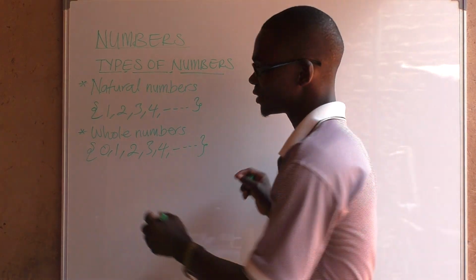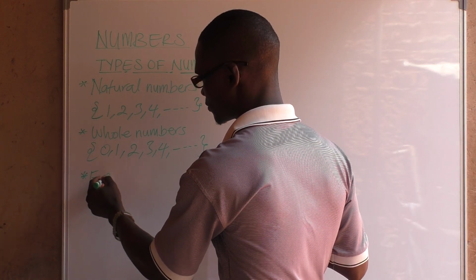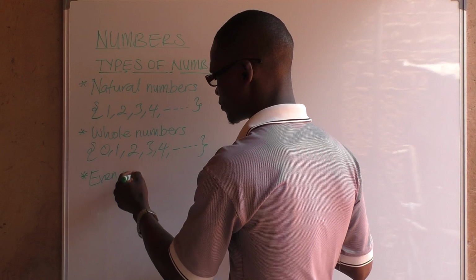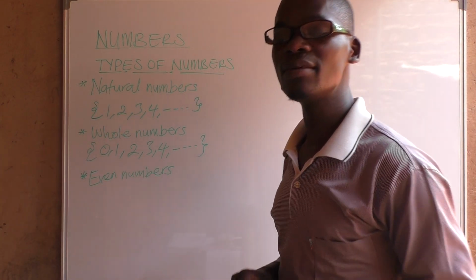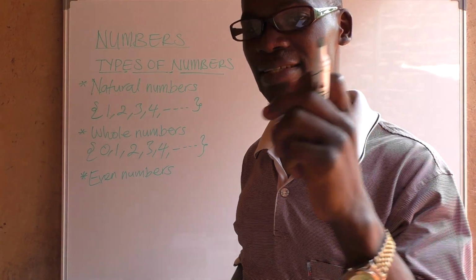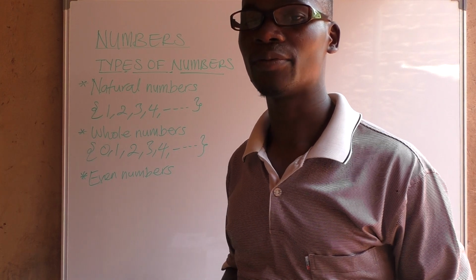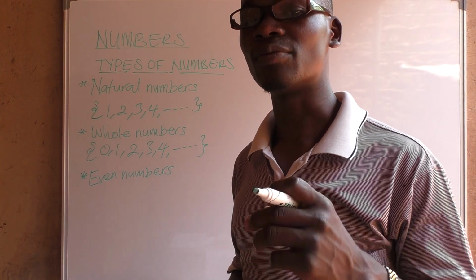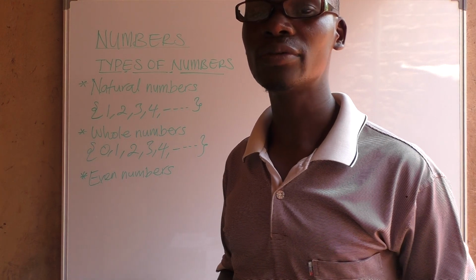We have even numbers. Even numbers are numbers that are exactly divisible by 2, which means when you divide even numbers by 2, it leaves no remainder.